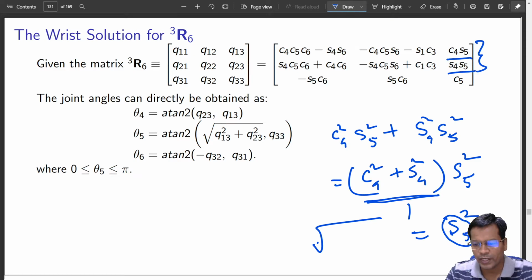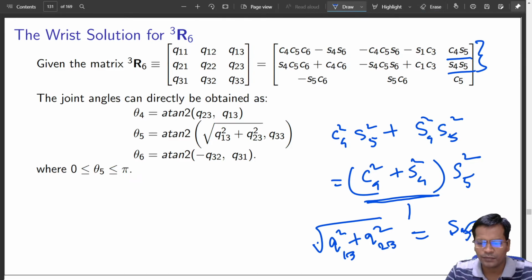So sin theta 5 is the root of Q13 square plus Q23 square, is it not? Sin theta 5 is this and cos theta 5 is this.